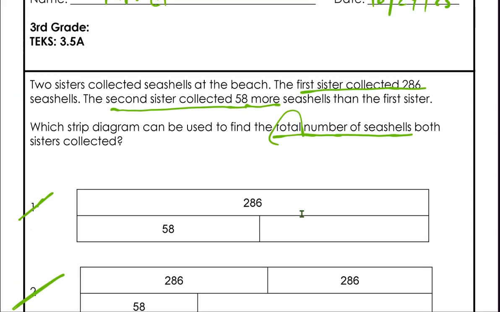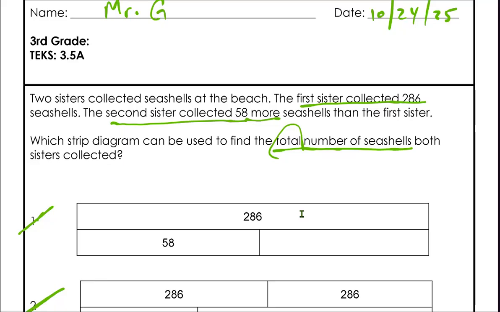So let's keep going. We know one sister had 286 and the other one had 58 more. Well, first the sister has to have the same as the other one before they can have more. Think of it like this.